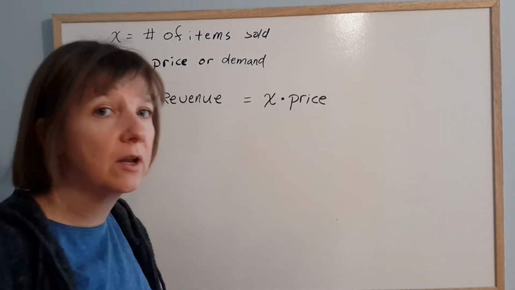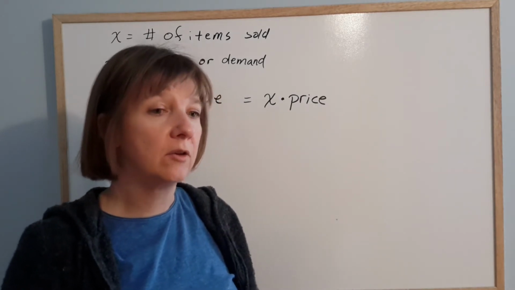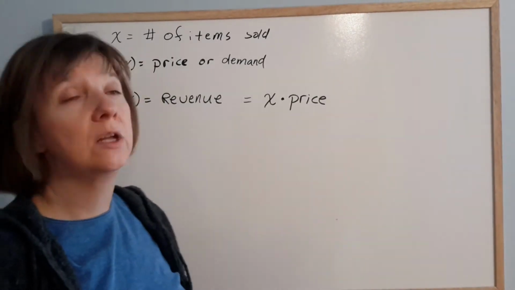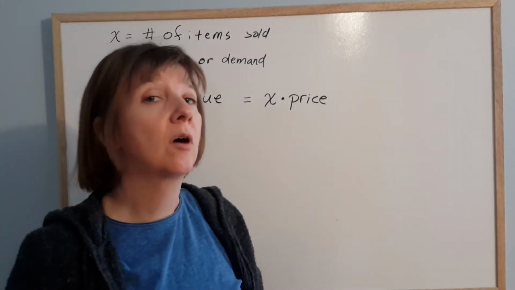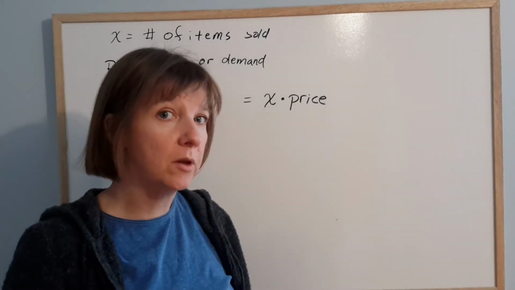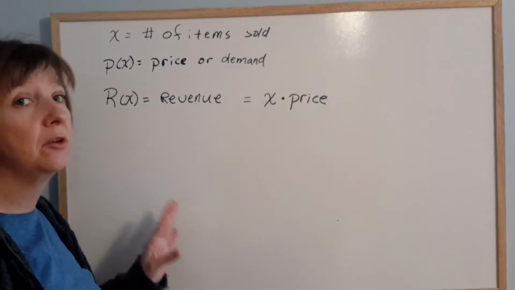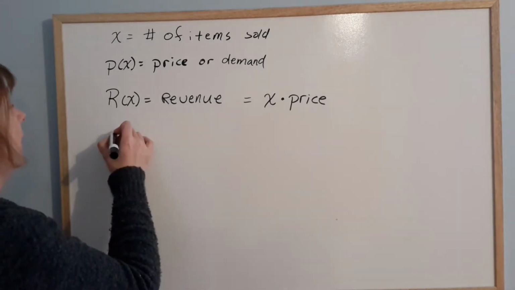So again, if I had 20 t-shirts and I sold them at $10, 20 would be my X because I had 20 of them. My price would be $10, so that would be 20 times 10. So for revenue, you very likely will have to come up with a formula yourself.